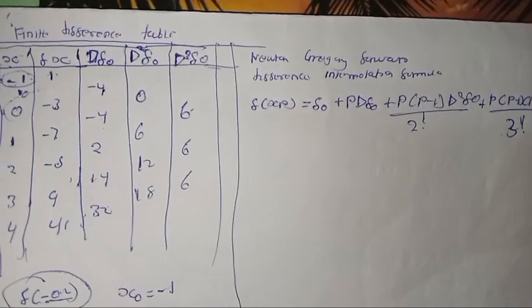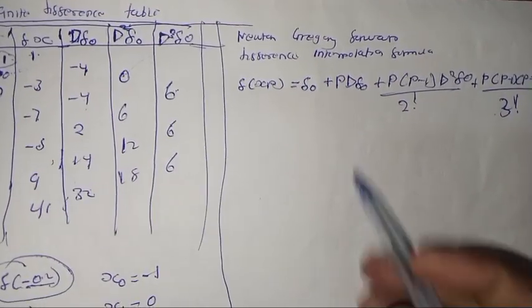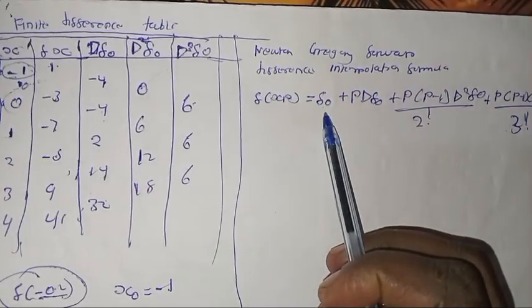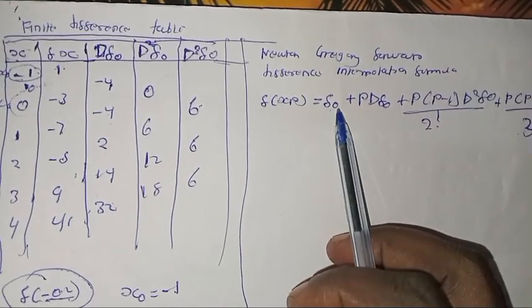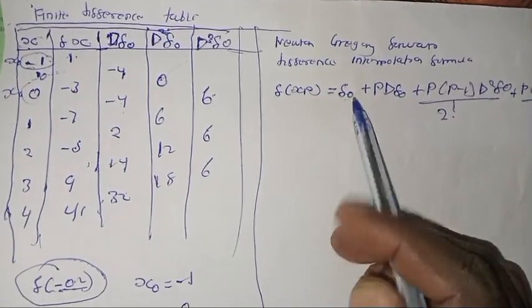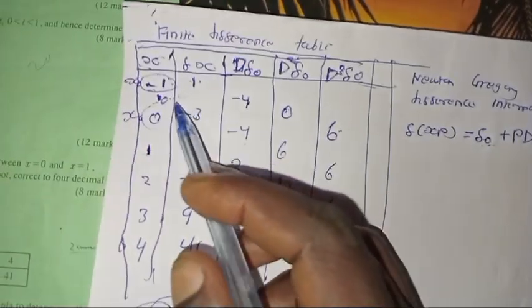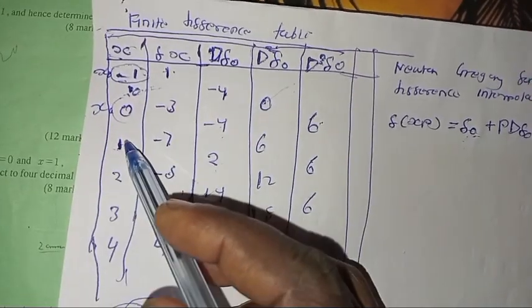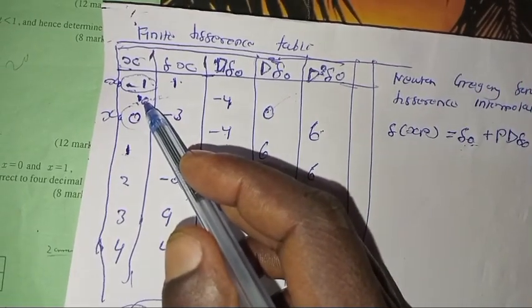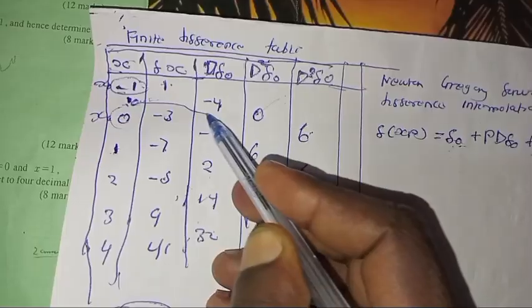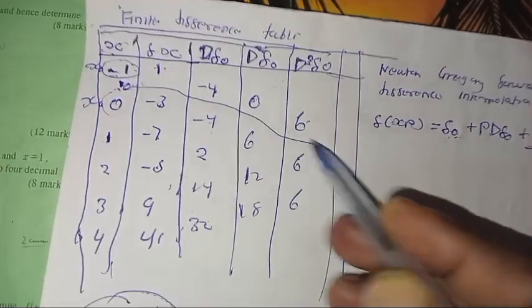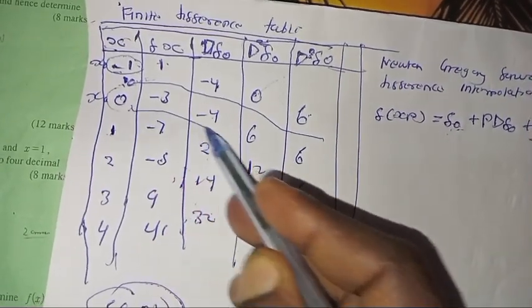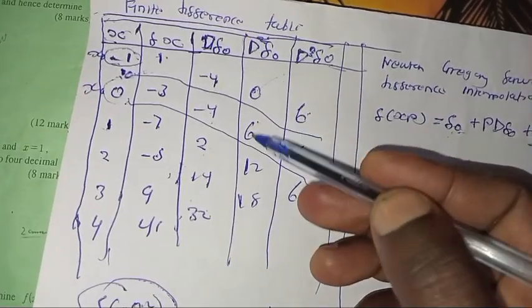What do we do next? We now find our values so as to substitute. Our values are in the table. We cut there, then cut there, and use these values.